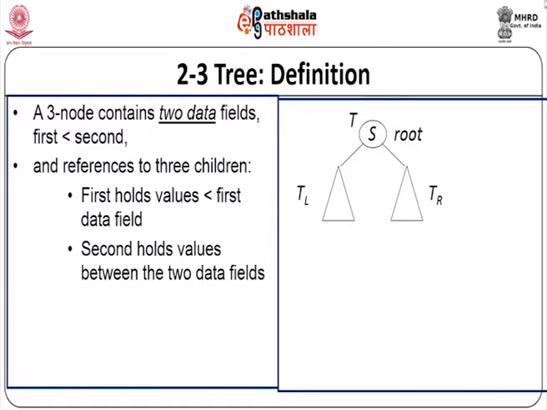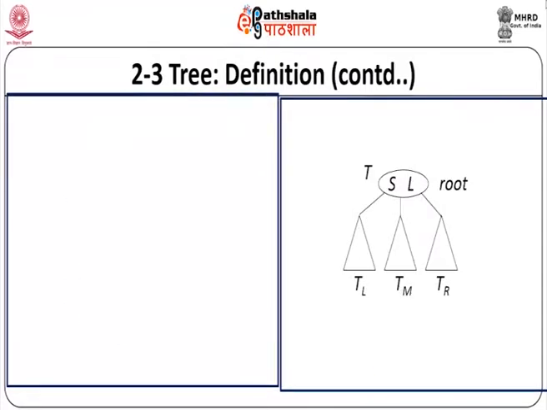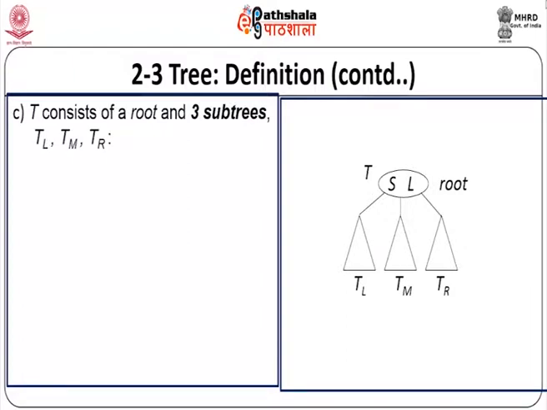The second holds values between the first and the second data field, and the third holds values greater than the second data field. So, T contains a root and 3 subtrees, TL, TM and TR, meaning left, middle and right.